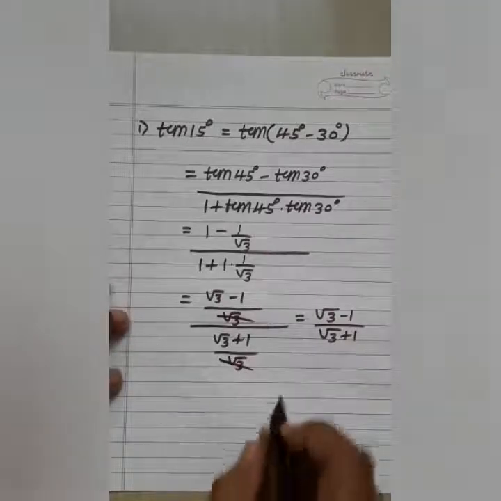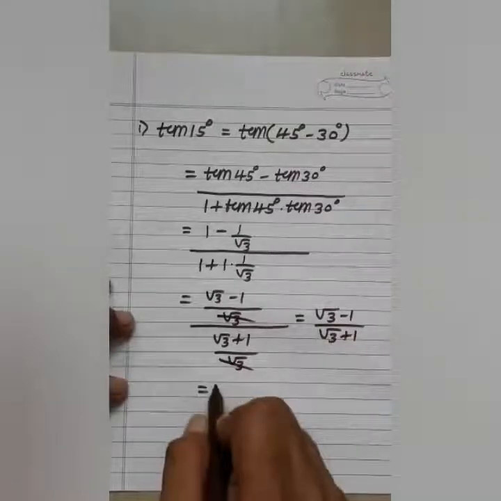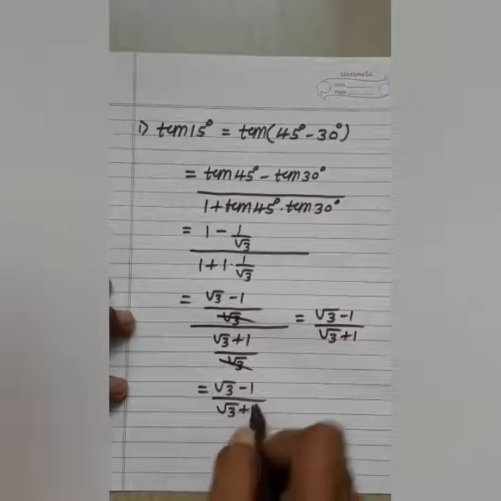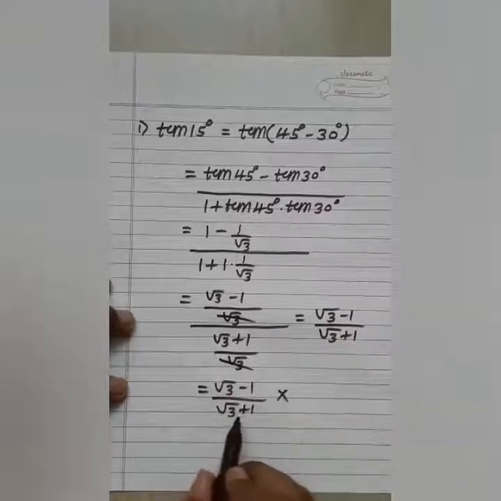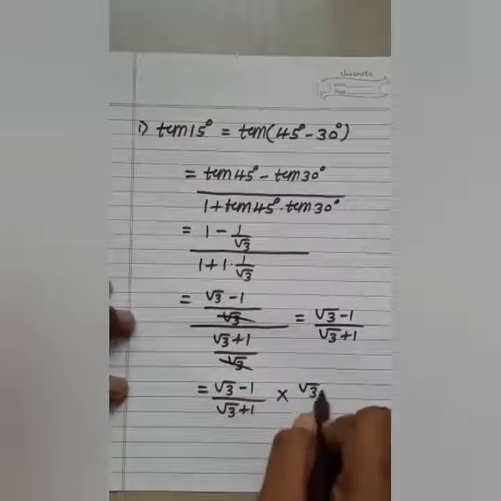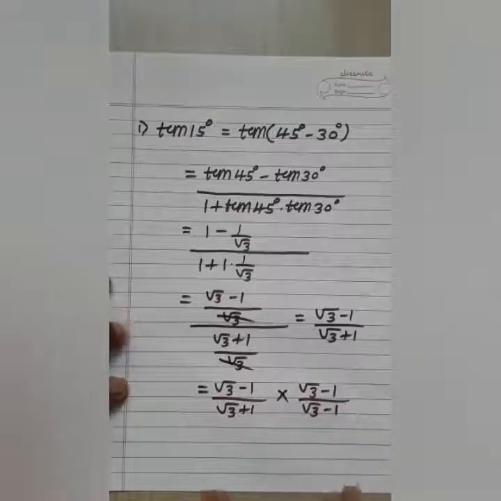Now multiply by the conjugate of the denominator term, so (root 3 minus 1) upon (root 3 plus 1), multiplied by (root 3 minus 1) upon (root 3 minus 1).